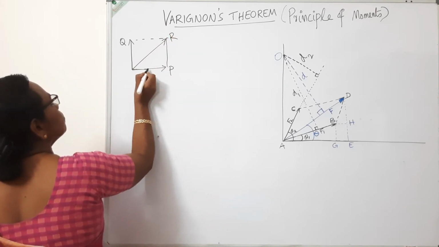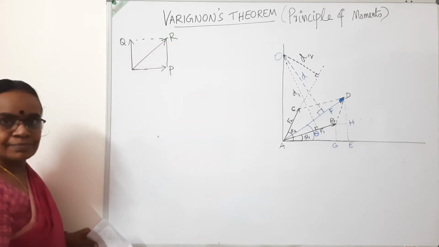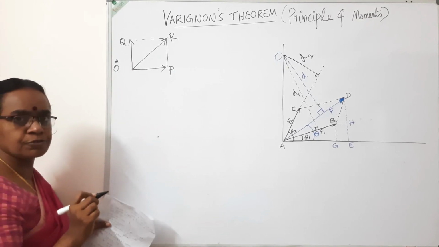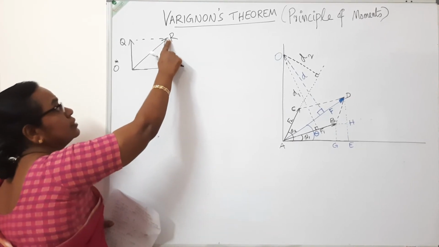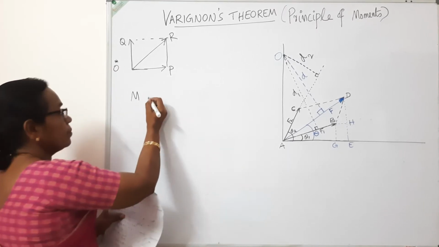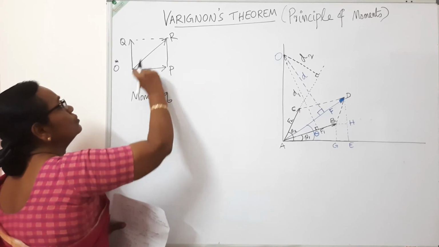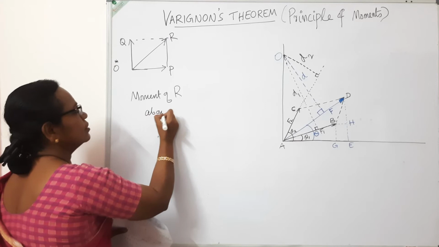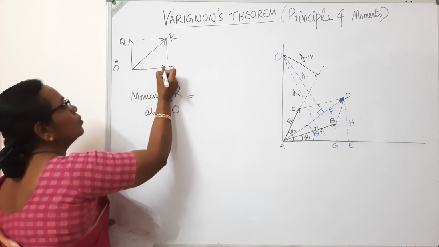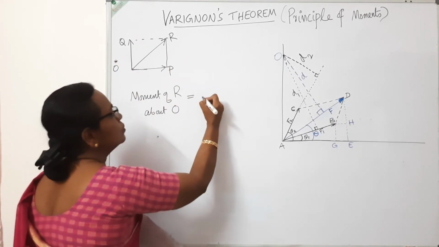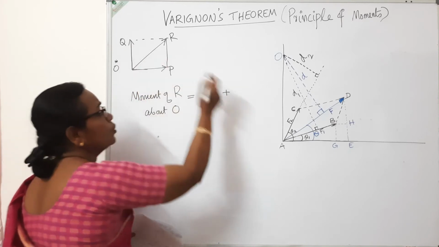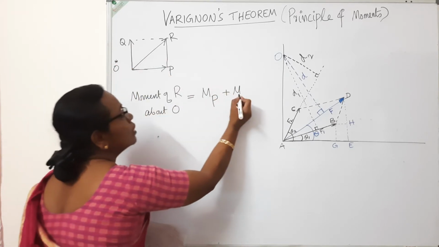There are two forces, P and Q. The resultant force is R. If you want to take moment about any point O in the same plane, all these are coplanar forces, the moment of the resultant about O, or moment of the single force R about O, can be written as the moment of P about O, let me write it as MP, plus the moment of this force Q about O, MQ.